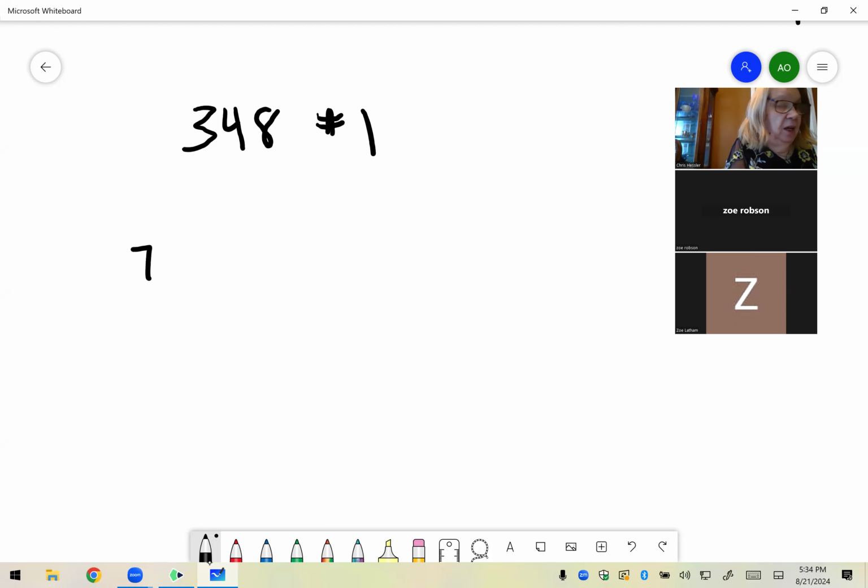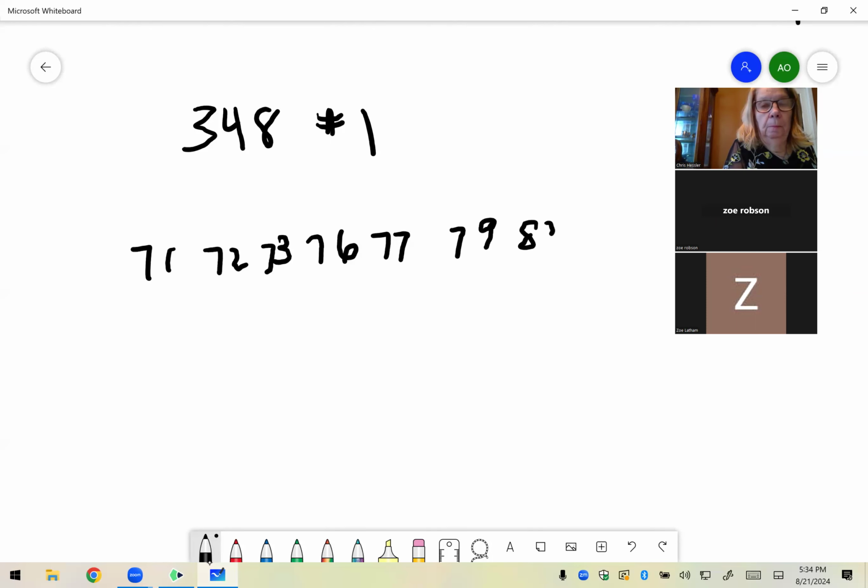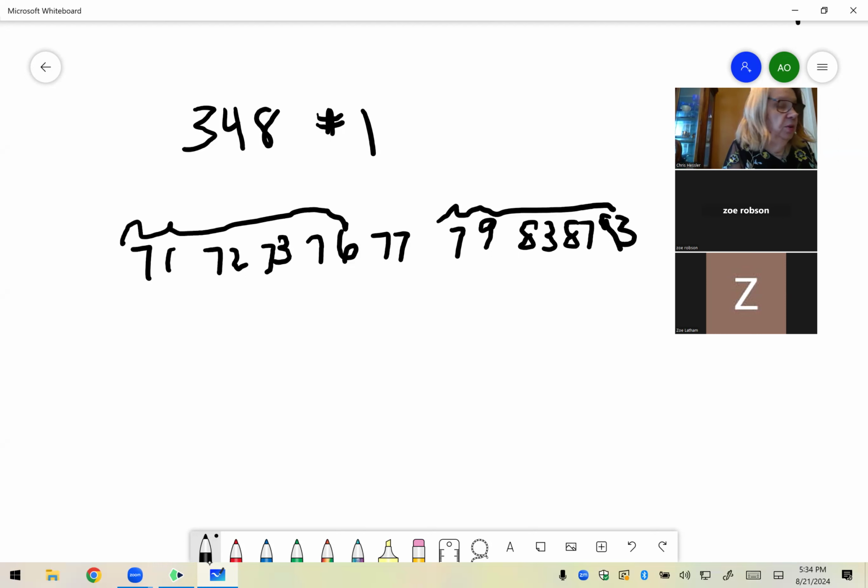So find the median. So I'll take 4 numbers there, 4 numbers there. And so everybody get B, we're good?